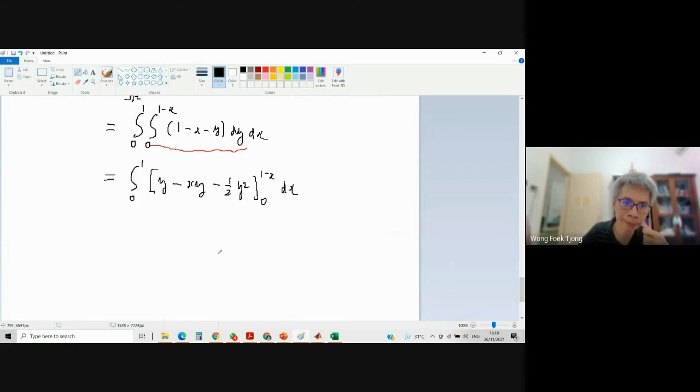And then the result is the integral from 0 to 1 of (1 minus x) minus x(1 minus x) minus 1/2 (1 minus x) squared, dx.